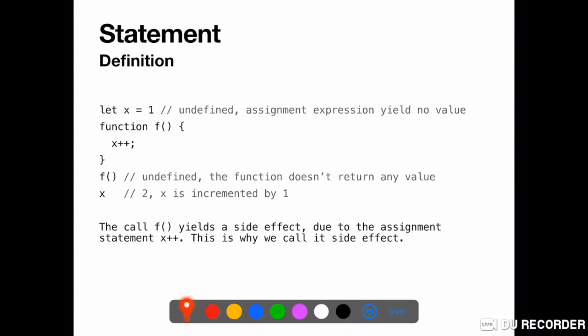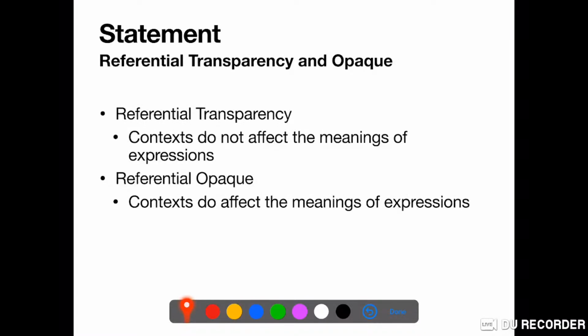This is why we call it a side effect, because it's something that's not obvious from the main code, but as a side effect it changes the variable. And so this brings me to these two terms.